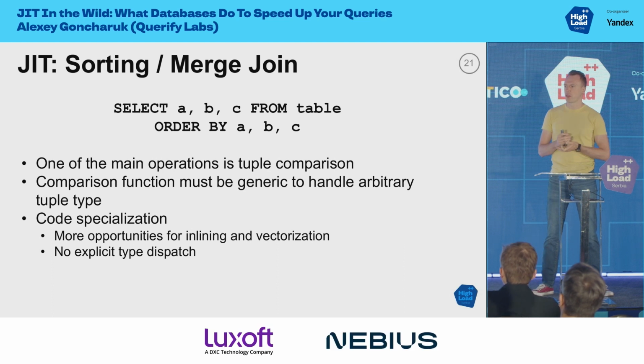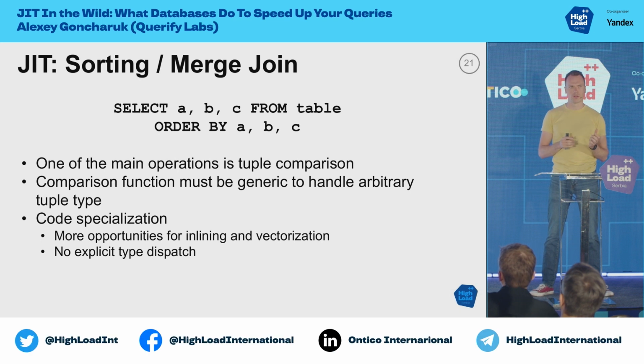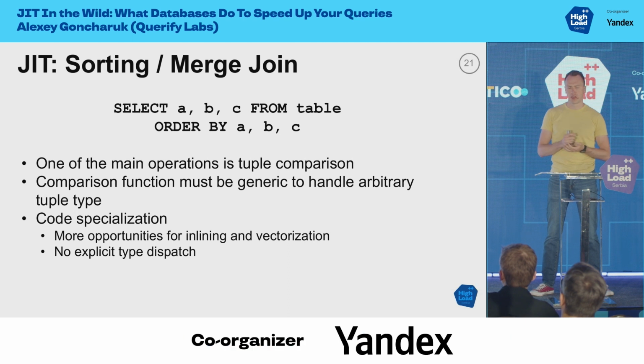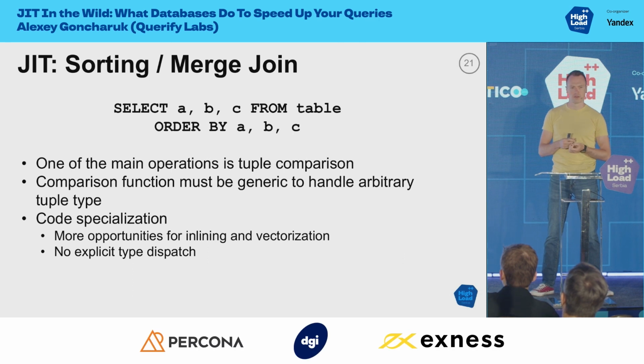So instead, when you have a particular query, you can generate the code for that particular sorting key or merge key, and use it as a primitive for the sort algorithms and merge join algorithms.